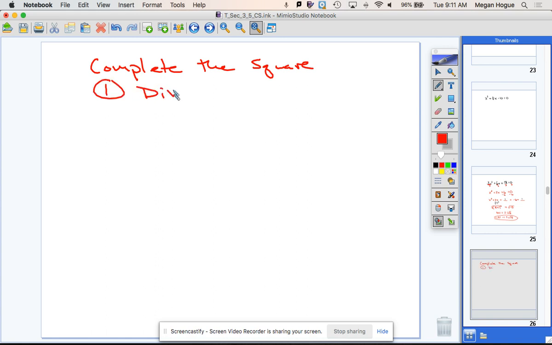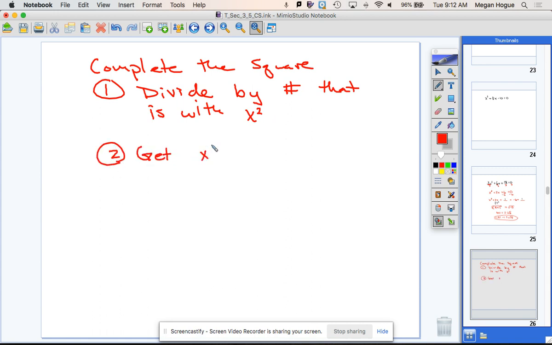So first, you want to divide by the number that is with x squared. Now, certainly there are problems out there where if you divide by the number that's with x squared, you're going to get fractions. I am not going to give you any of those. It's going to divide all of the terms nicely. Step number 2, get x squared and x by themselves.